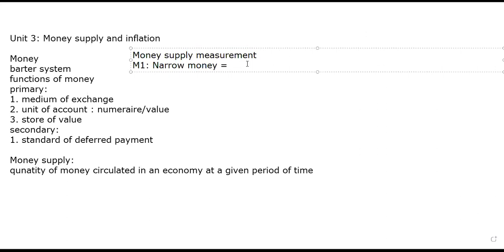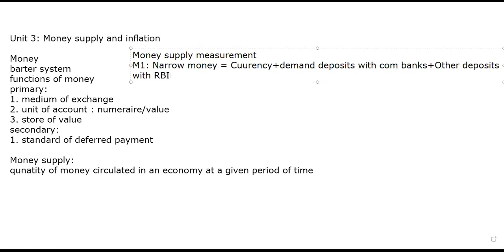M1, which is also known as narrow money, includes currency with the public plus demand deposits with the commercial banks plus other deposits with the Reserve Bank of India, RBI. That is M1.